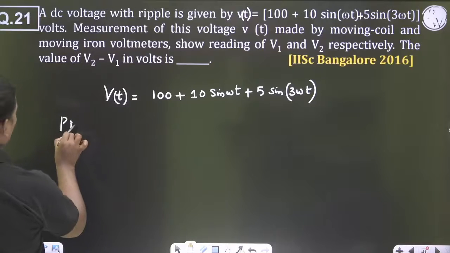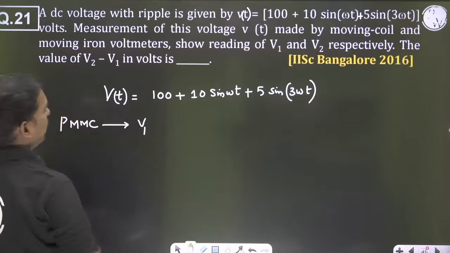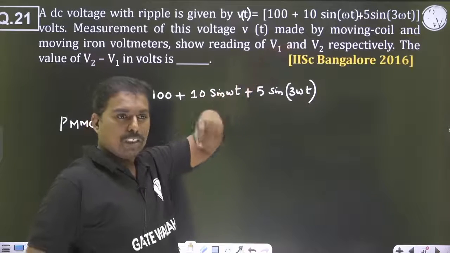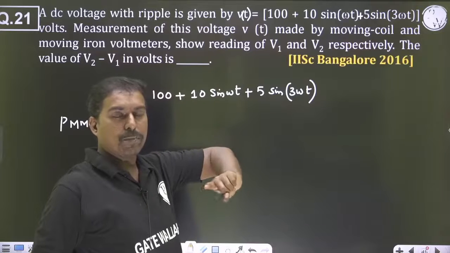If PMMC measures this, what is the V1 reading? See, this particular voltage is measured by two instruments. One is the PMMC, the other one is the moving iron.